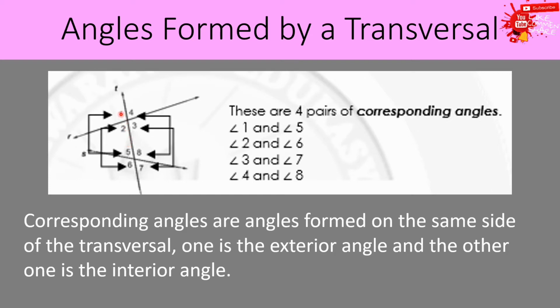That's why angle 1 and angle 5 are on the same side of the transversal. And also angle 2 and angle 6 are on the same side of the transversal, one in the interior and one in the exterior part of the figure. So that's the corresponding angles.